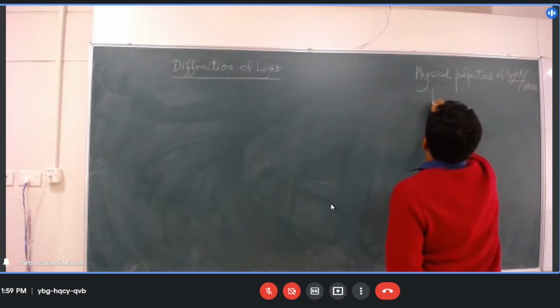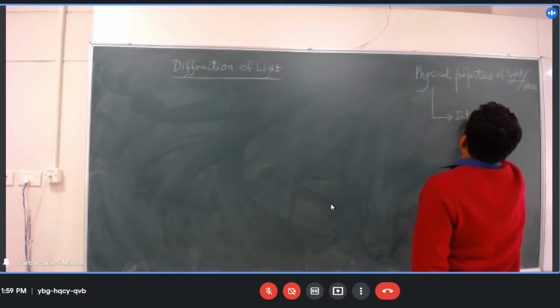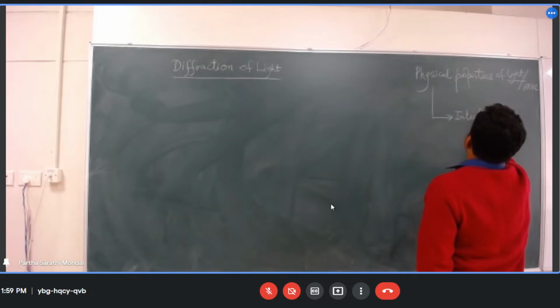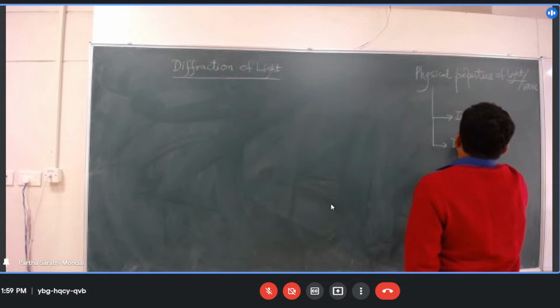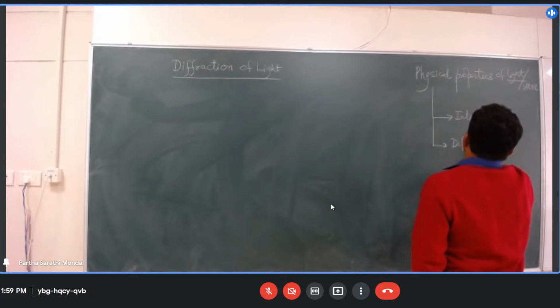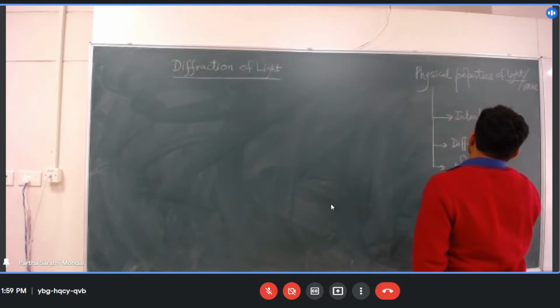There are three physical properties. One is interference, that is diffraction, and that is polarization.